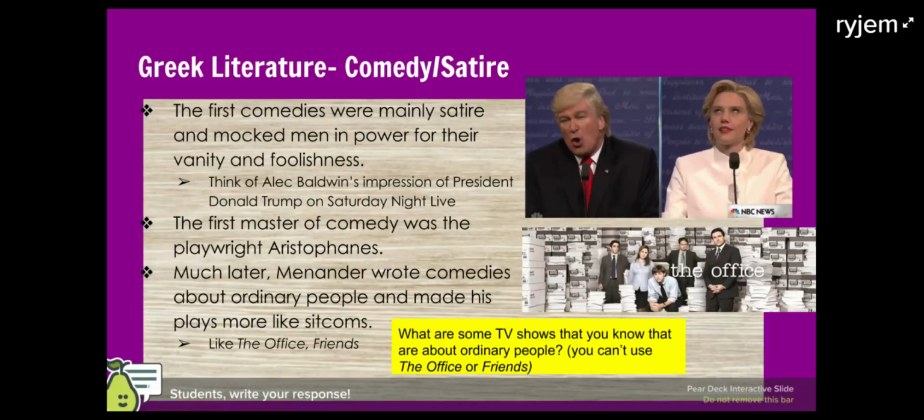Literally all of Saturday Night Live, when they do their political or their news segments, they are practicing Greek satire, Greek comedy. That is all from the Greeks. Anytime you hear Jimmy Kimmel do a Donald Trump impression of his voice, that is literally Greek comedy in your day-to-day world. Anytime you hear an impressionist of Hillary Clinton, same thing.